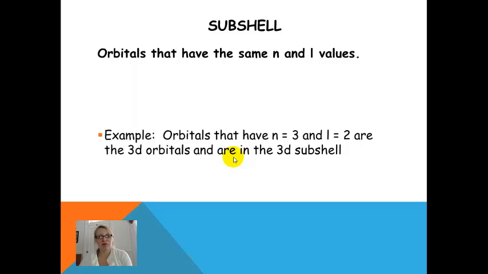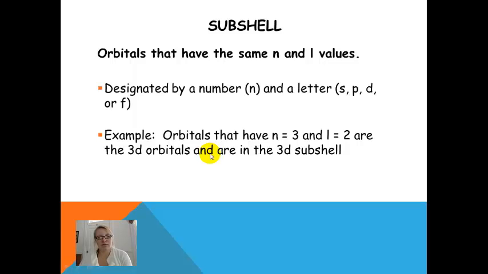Orbitals with n equals 3 and L equals 2 are the third energy level, d, because L equals 2 orbitals. So subshells are designated by a number, n, and a letter: s, p, d, or f.